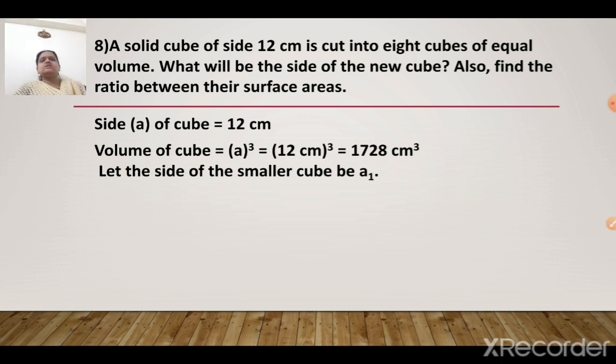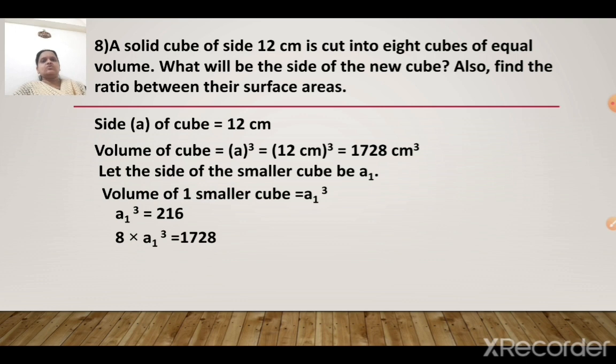Now that cube is divided into 8 equal cubes, correct? So we will consider the smaller cube's side as A1. So the volume of one smaller cube will be A1 cube, correct? So A1 cube is equal to 216. How did you get this 216? 8 into A1 cube equals 1728.